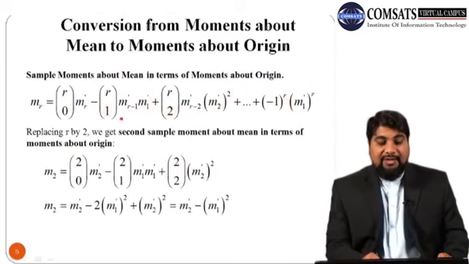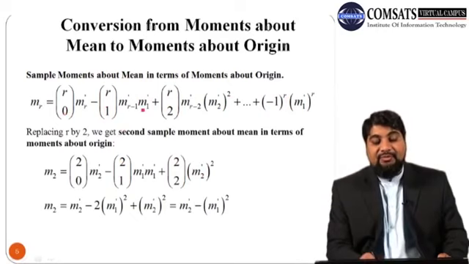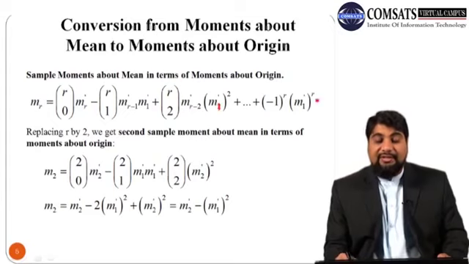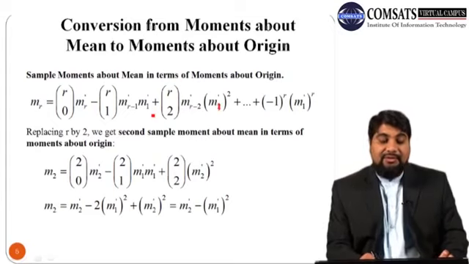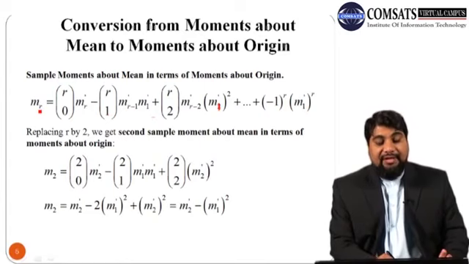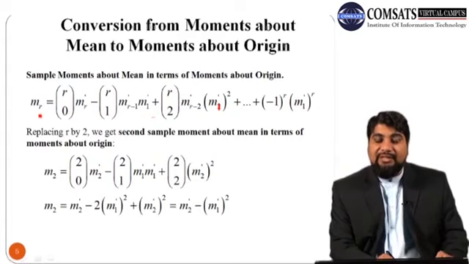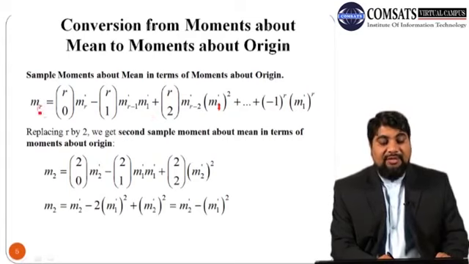Similarly we can use the same formula. There is a slight correction here. We have m1 dash square and then the rest of the formula is fine. In order to calculate the second sample moment about mean in terms of moments about origin, just replace this r by 2. Replacing r by 2, we get m2.